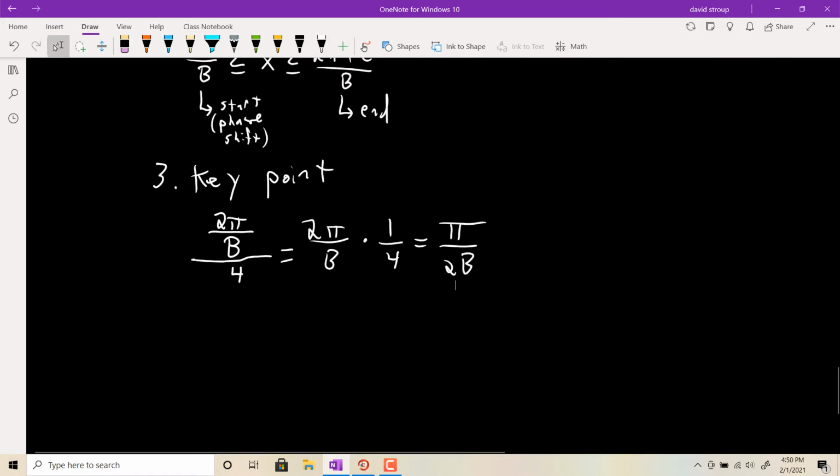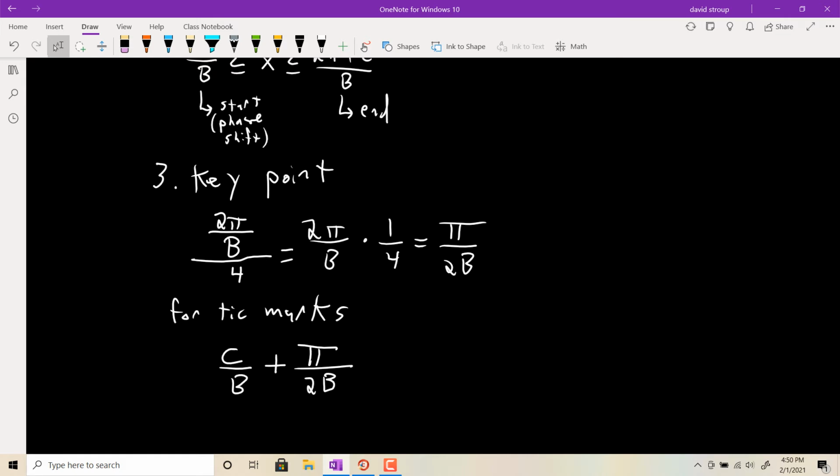And ultimately, when you go to your tick marks, you're going to start at your phase shift, which is c over b, and then you're going to move by pi over 2b.